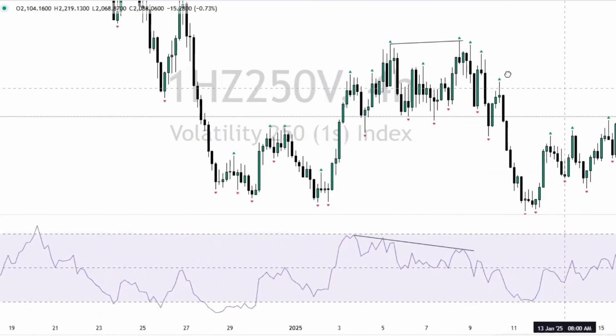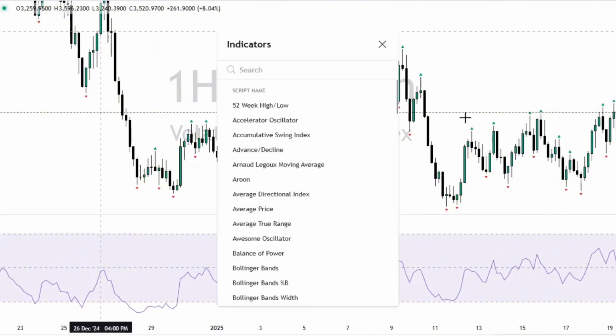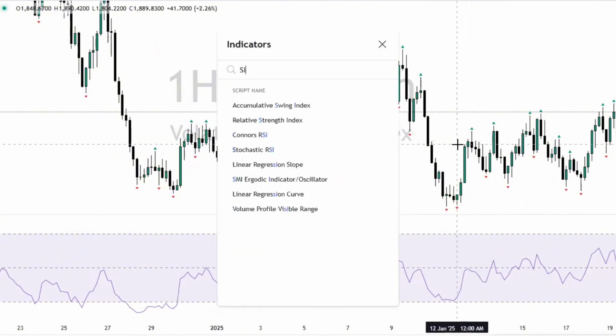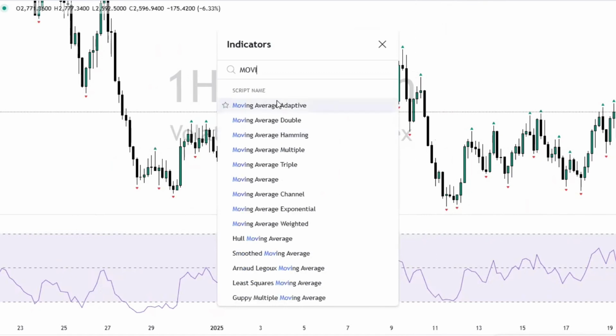So we have 2 types of moving average. We have the simple moving average, and then we have the exponential moving average. So let's just add the simple moving average. So we're going to be adding this moving average, just the simple moving average.